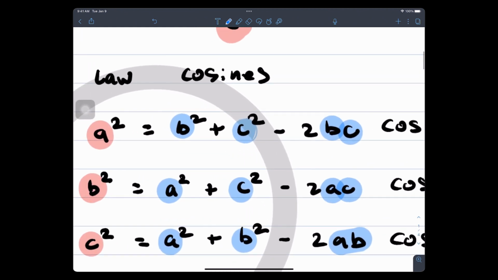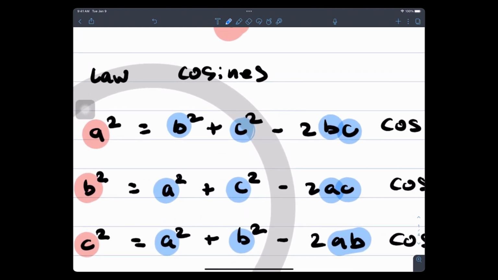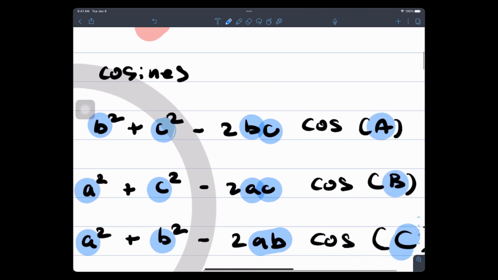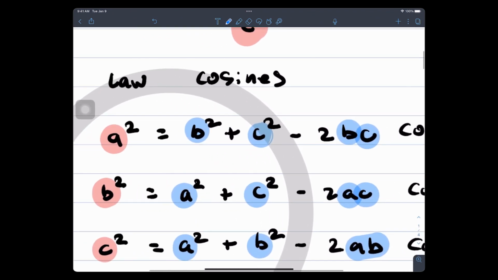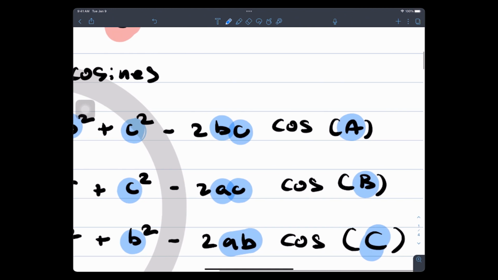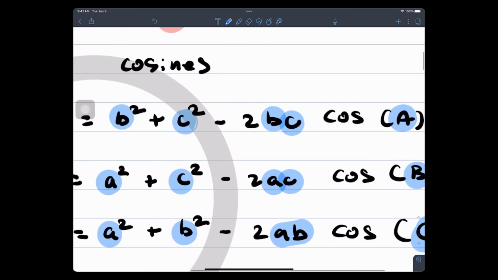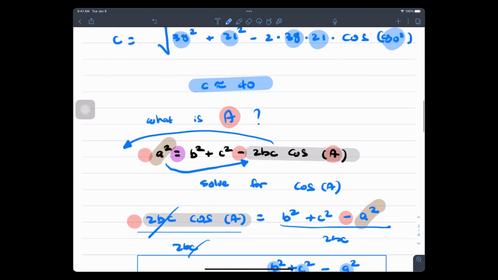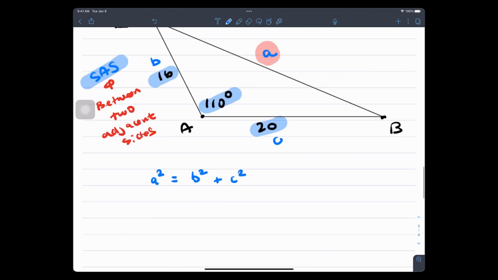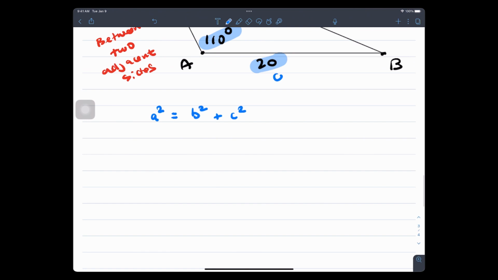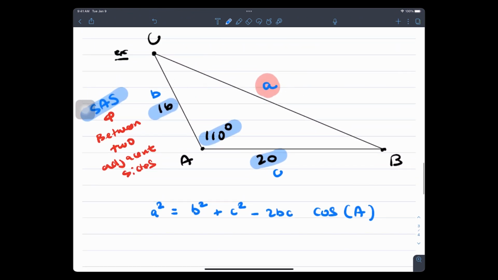The A squared, it's the legs, B and C. So that's minus 2BC cosine of that big A. There's a relationship, the angle A and the side A. But I got to use the legs. So it's minus 2BC, and then it's cosine of angle A. So it's a very simple thing for me.